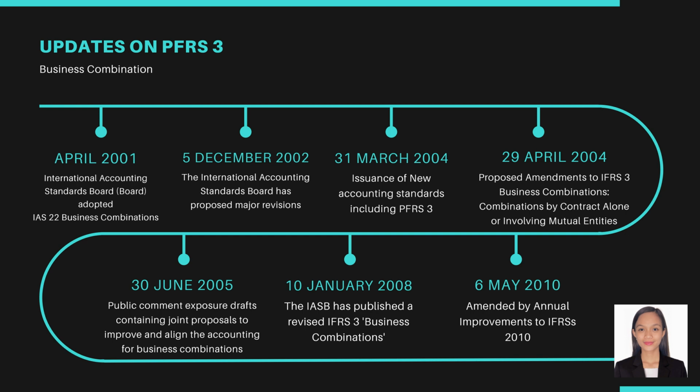Including these transactions in IFRS 3 would mean that an acquirer must be identified. So in our theory, when we were in the third year, we already discussed the acquirer and the acquiree, the two main characters of business combination, and the acquirer must account for the combination using the purchase method.